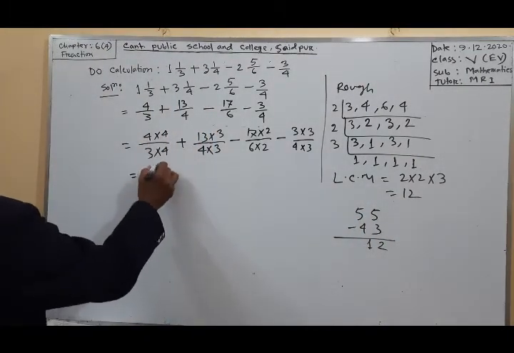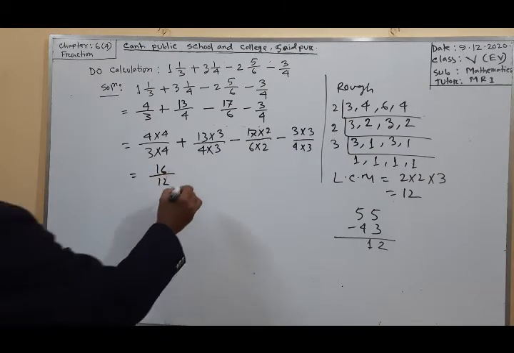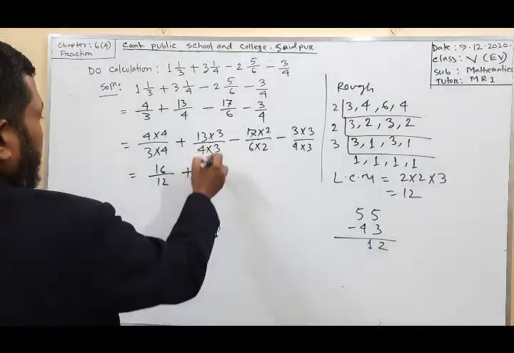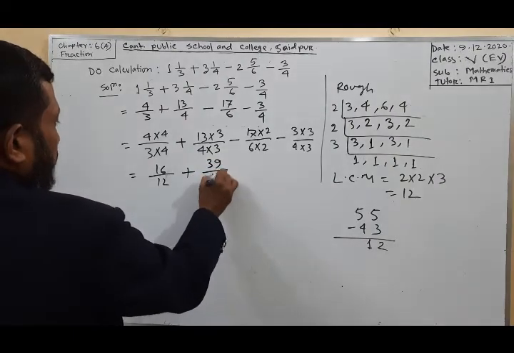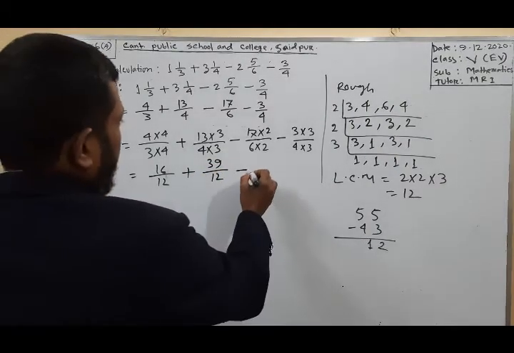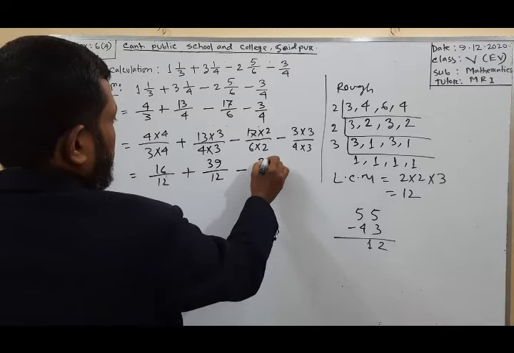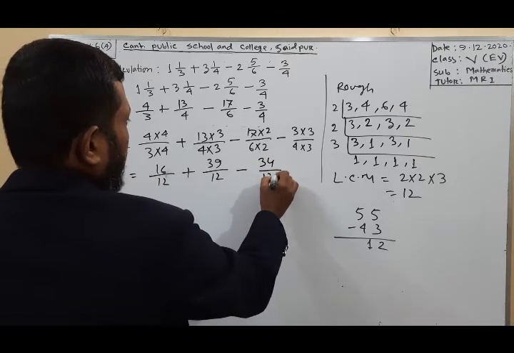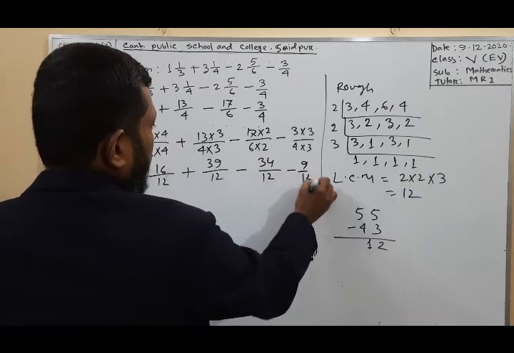Now 4 fours are 16, and 3 fours are 12. 13 times 3 is 39, here 12. 17 multiplied by 2 will be 34 by 12 and 9 by 12.